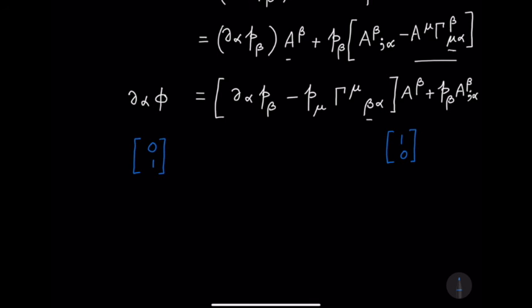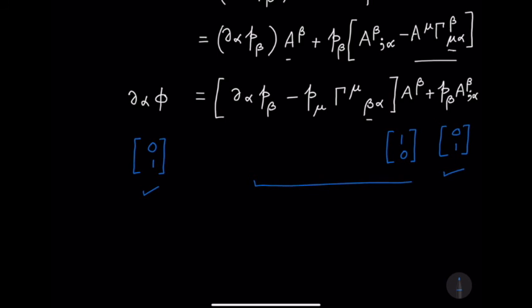This is (1,0), and the one form p beta is (0,1) type. So this entire thing is (0,1) type. So (0,1) here, (0,1) here.